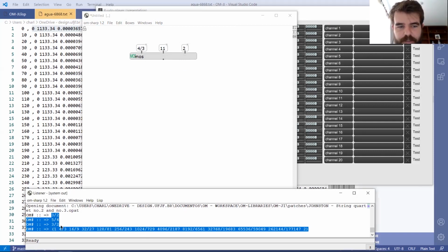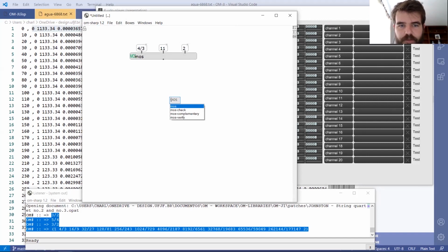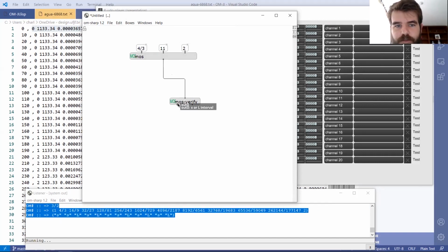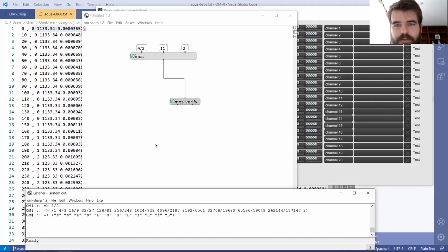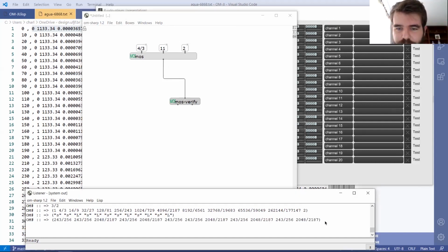So here I have this set of ratios, and with this object, I can verify if this is a MOS or not. So this structure is a MOS. It has the interval structure S, S, L, S. This means that this is the ratio structure of this set of ratios. This interval, I don't know, I forgot the name, sorry.